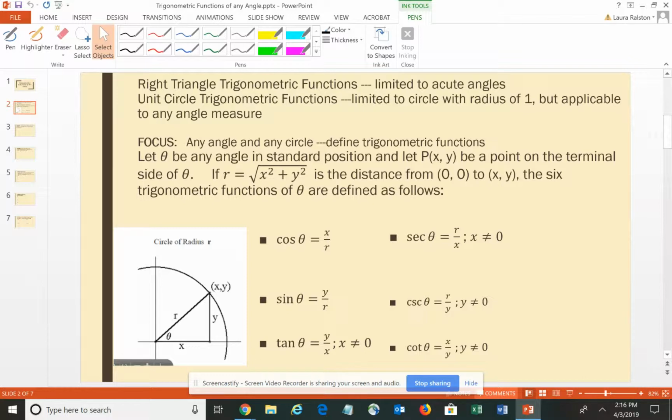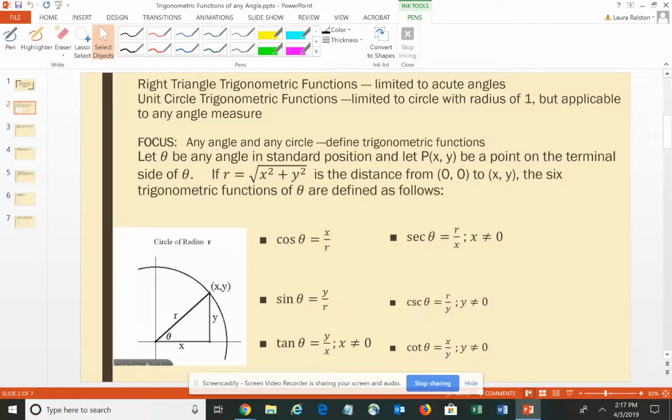So in this particular video, we're going to focus on any angle and any circle, and we're going to actually define those trigonometric functions for any angle for any size circle. The formal definition says, let theta be an angle in standard position, and the point P, x comma y, be a point on the terminal side of theta.